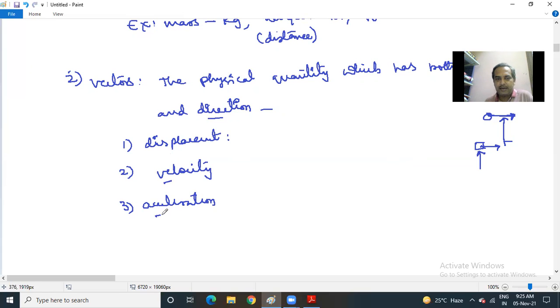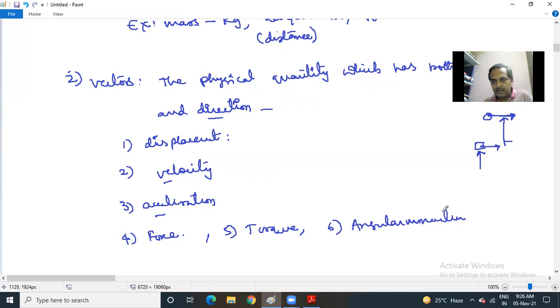Similarly velocity, acceleration, and even force. These are all examples of vector quantities. Torque is also an example, and so is angular momentum.